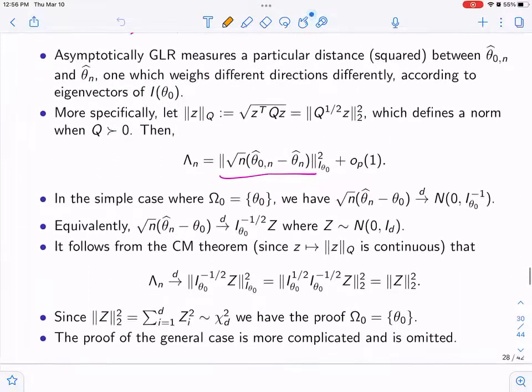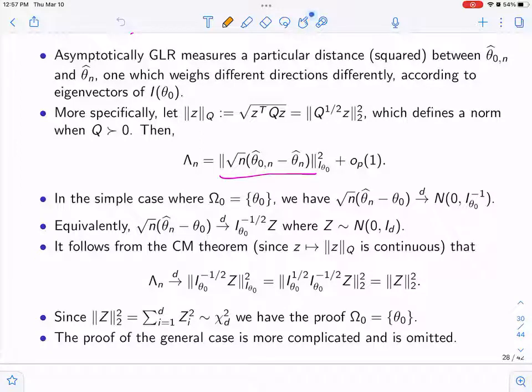So in a more general setting, you have to worry a little bit about this, because we want an asymptotic distribution for this, but you have to take the constraints into account. I'm going to skip that.